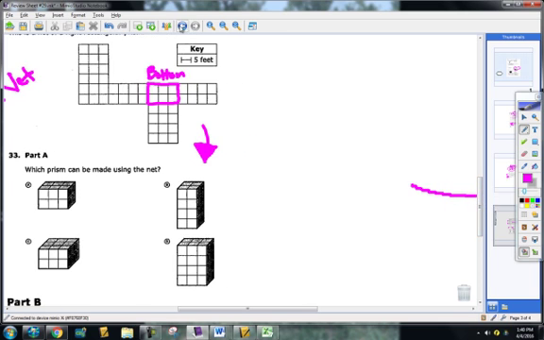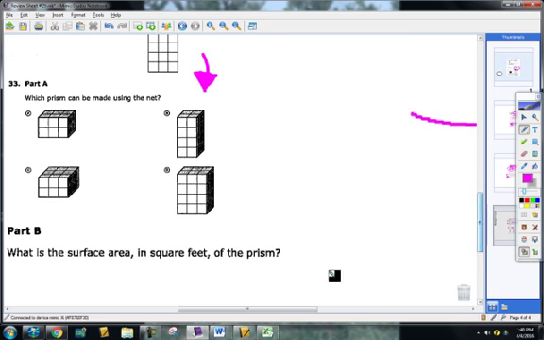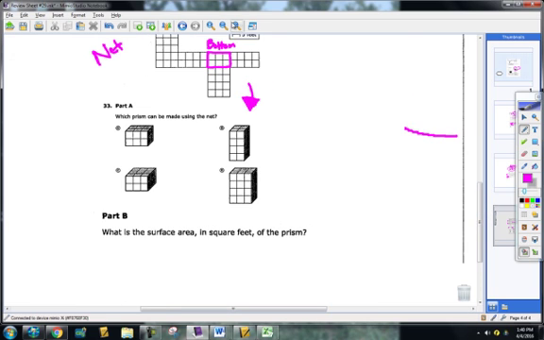Let me see here. Oh, and then finally you have to go down below. You have to figure out the surface area. Now, remember, surface area is when you find the area of all the sides. So there's a couple different ways you can do this question. The way that I've taught you to do it is, that's a rectangular prism, so you know it has a front, you know it has a back.